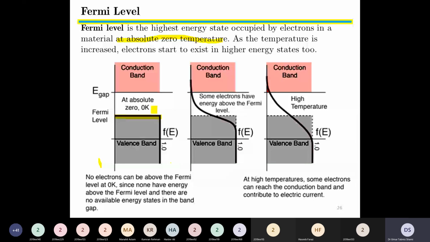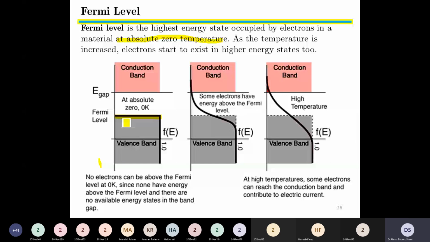At 0 Kelvin, or at absolute zero temperature, Fermi level is the maximum state that electrons can occupy. At 0 Kelvin, where can the electrons in the valence shell excite?